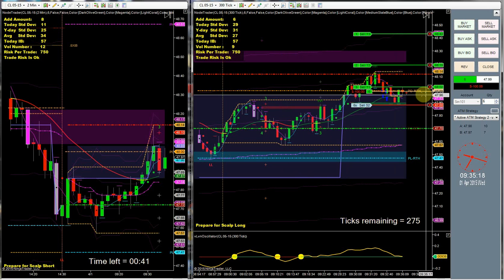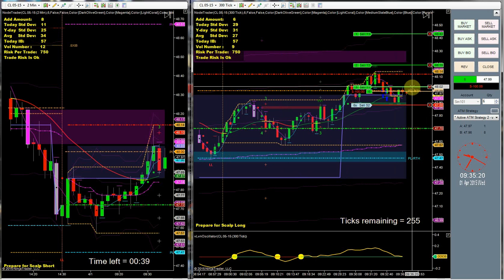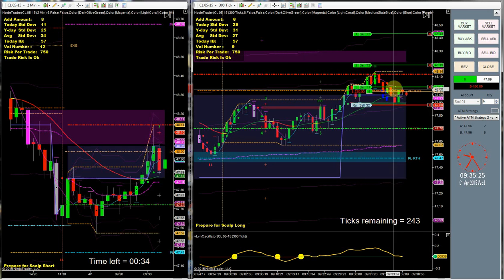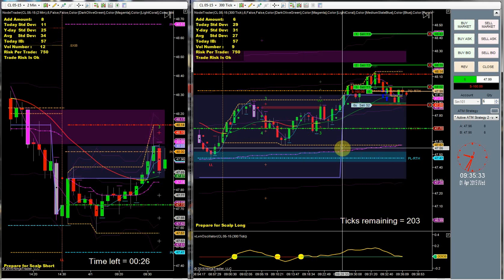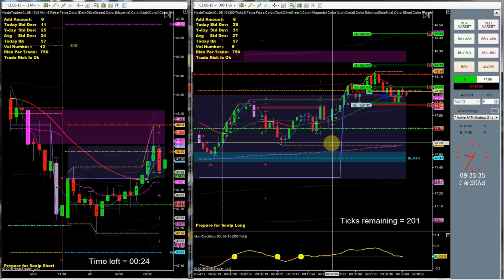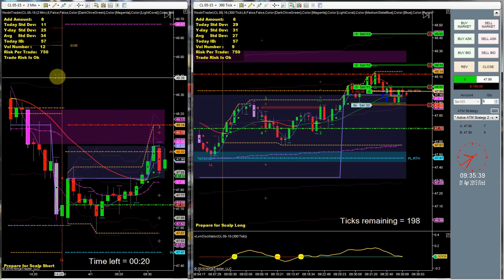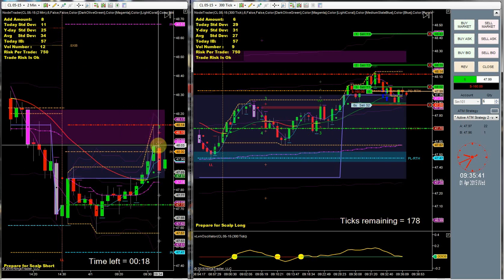I'm not liking the way this trade is moving right now since we had that switch over here. So if we can get out with half of our position right here, we'll go ahead and do that. And that's one of the reasons I kept my 2-minute chart right next to me, so I can actually see pretty easily what's going on over here.